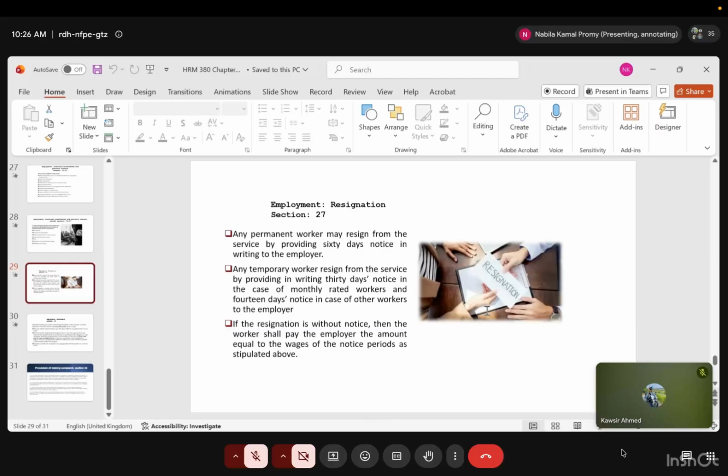However, in some cases, if you are in a situation where it is not possible to give prior notice, then your 2 months salary will be deducted, or you have to give at least 2 months salary before leaving the company. So as an employee, if you leave without giving 2 months notice, you have to pay your employer the equivalent of 2 months and then resign. That's usually the process of resignation.